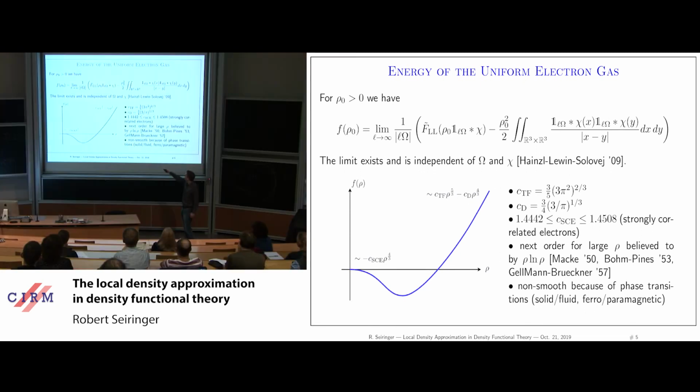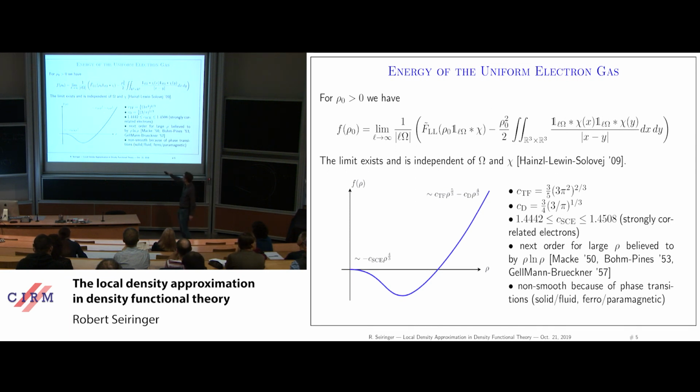That's the leading term. Actually, also the next to leading term is known. That's the exchange correction. So there's the Dirac constant C_D times rho to the 4/3. These are the first two terms in an asymptotic expansion for large rho. So this is known since the work of Graf and Solovej on the jellium problem.